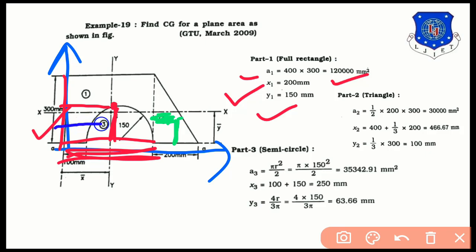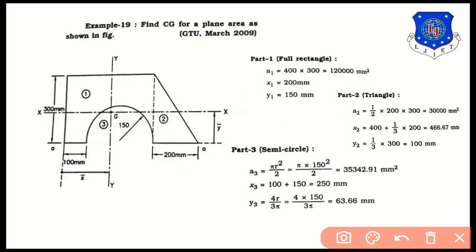So this will be 400 plus base by 3, meaning 200 by 3. So 400 plus 200 by 3 will be 466.67. What is y2? This is y2, meaning 300 by 3, which is equal to 100 mm. So it is basically the calculation of the triangular part.